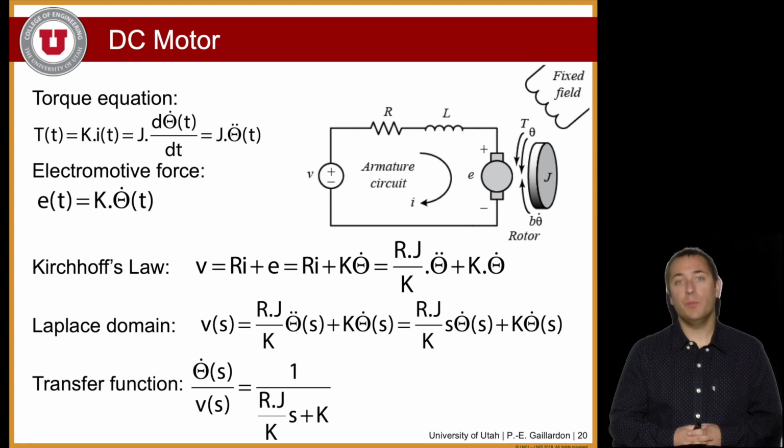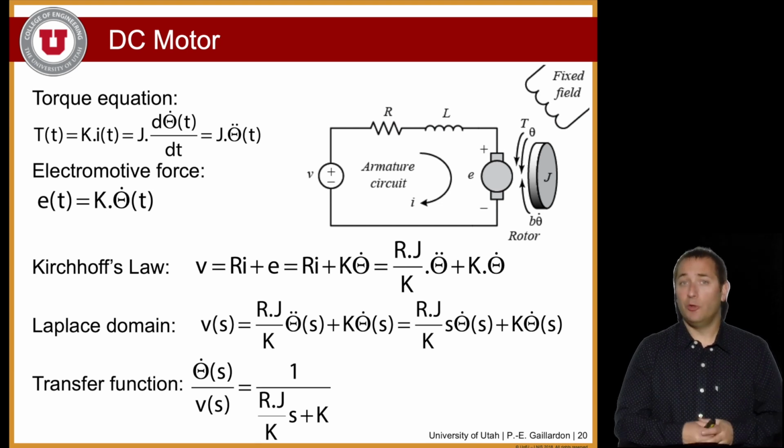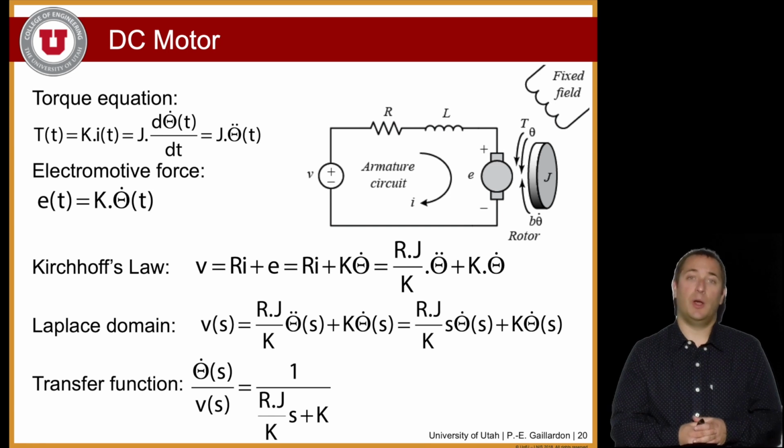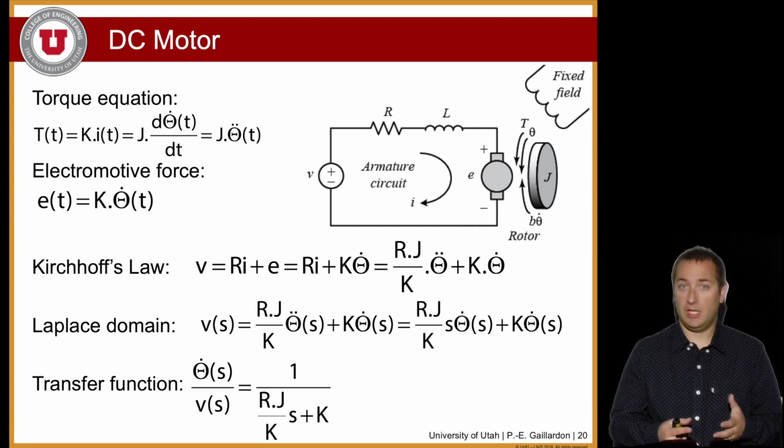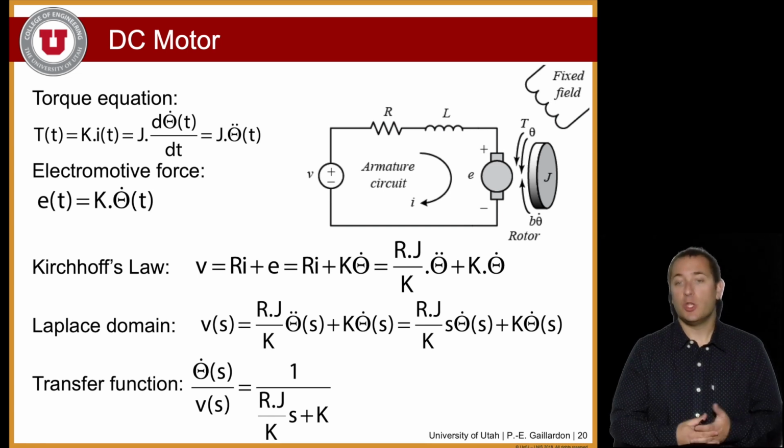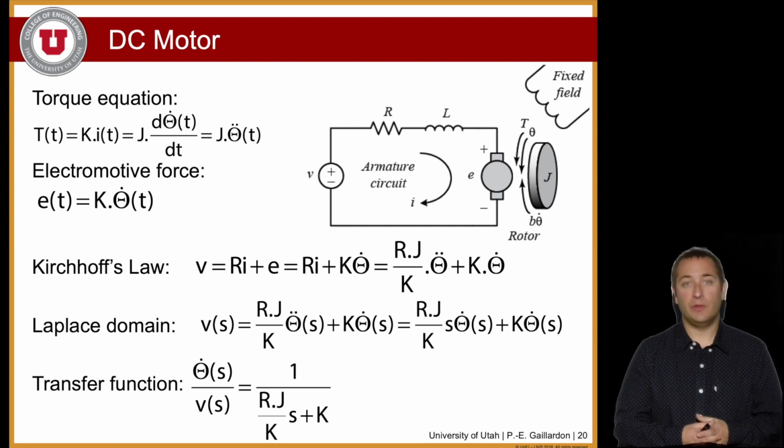With Kirchhoff's law, you will know that the voltage V that you apply across your DC motor will be equal to the sum of the various voltage drops inside of the motor. So you will have the RI losses, so the joule losses, plus the electromotive force.